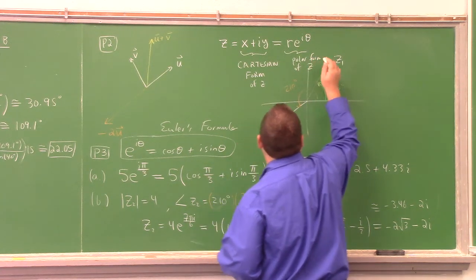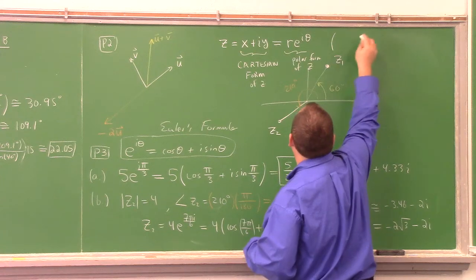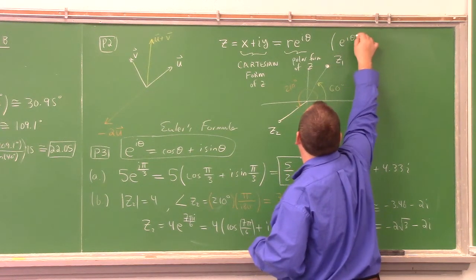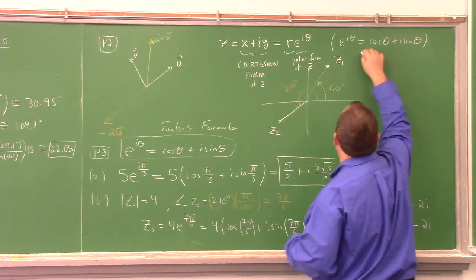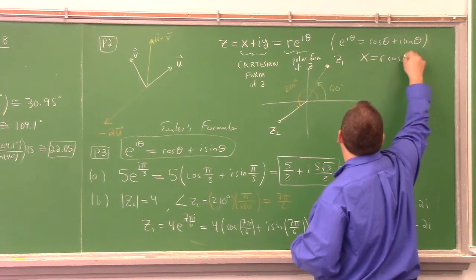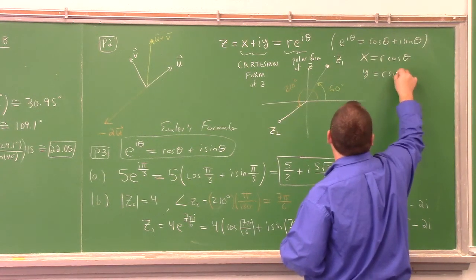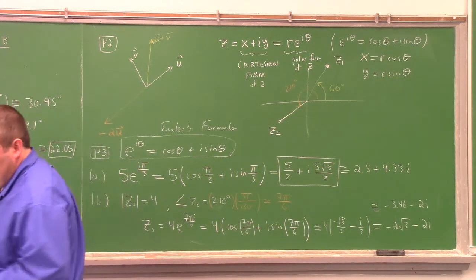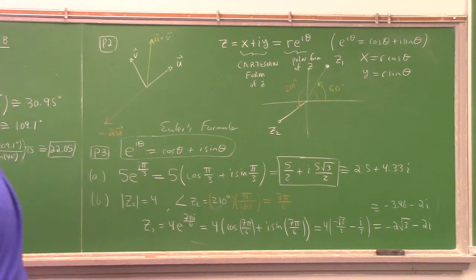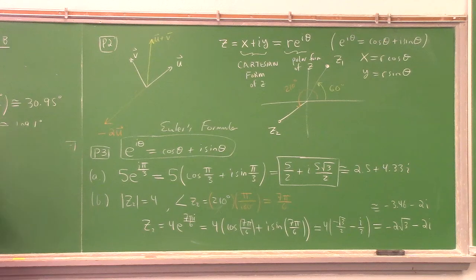And the polar form and the Cartesian form each have their place. What's the relation? e to the i theta is cosine theta plus i sine theta, right? And so that means x is r cosine theta, y is r sine theta when you match things up. So it's all tied back together with the whole polar coordinates business, which is why it's called the polar form.